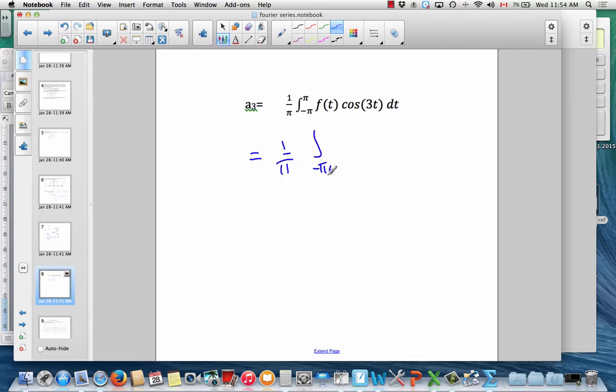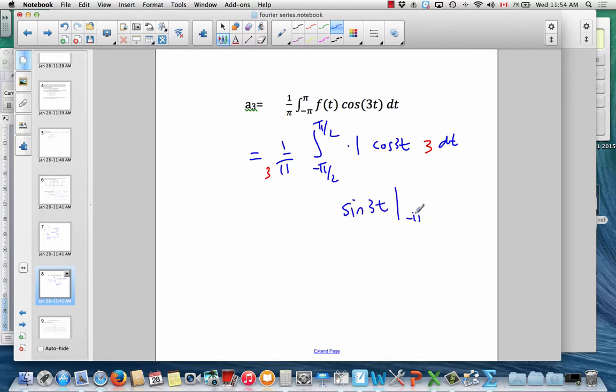Again, the integral only contributes between minus pi over 2 and pi over 2, where it's 1 times cos of 3t. So we set up the u du by putting a 3 there and a 3 in front. This is now cos u du, which is sine u.